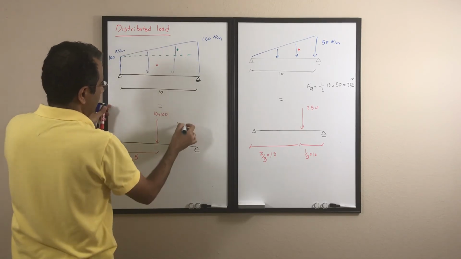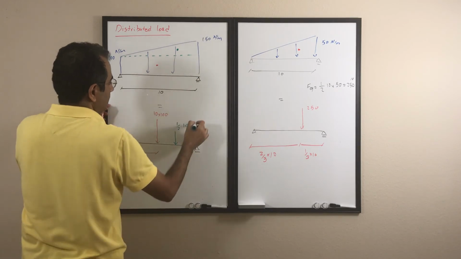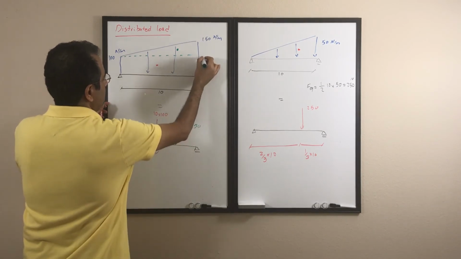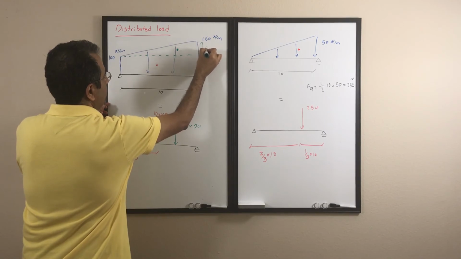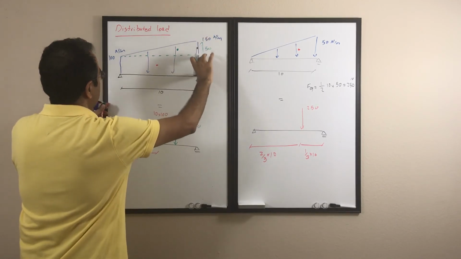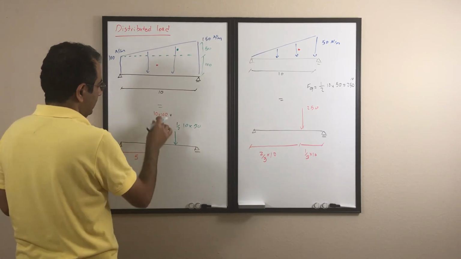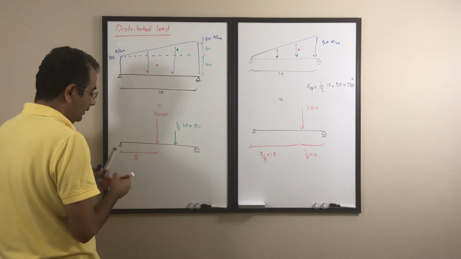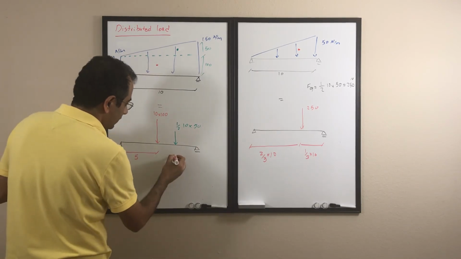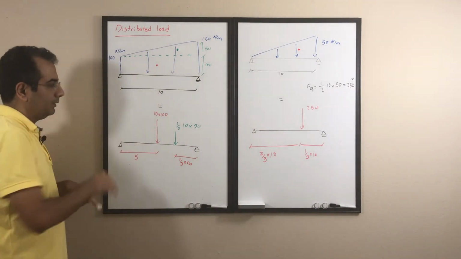So the length is 10, half of the 10 times this, which is 50. If this is 100, this is 50, because the total is 150. So it's 10 times 50, half of 10 times 100. And where it's going to be located is 1/3 of 10. And then we will start to work with that.